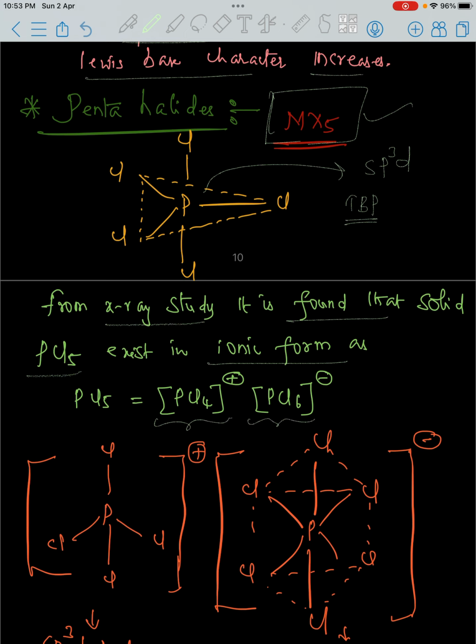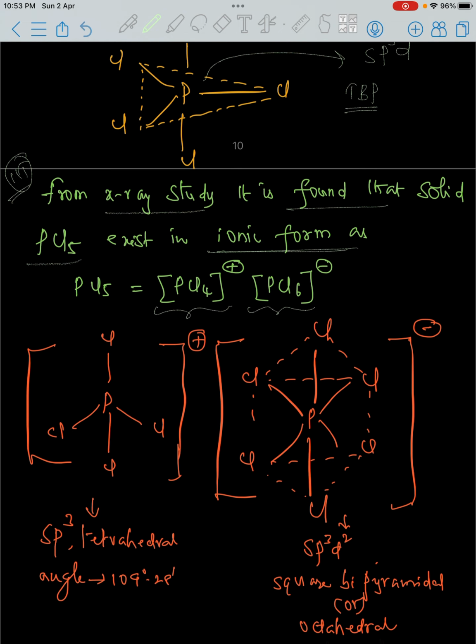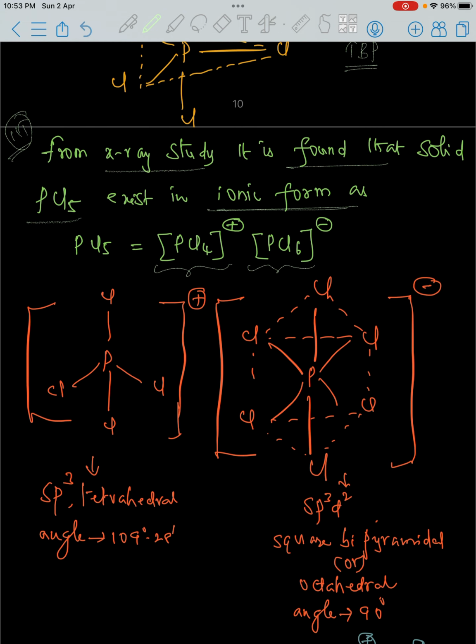This is a previous IIT question, which is very, very important. So PCl5 exists as an ionic form. Generally P and Cl both are non-metals, and non-metals generally form covalent compounds. But PCl5 can exist as an ionic compound in this manner. If you see the structures, PCl4+, here there is a positive charge.